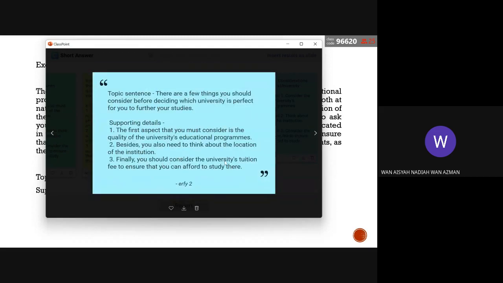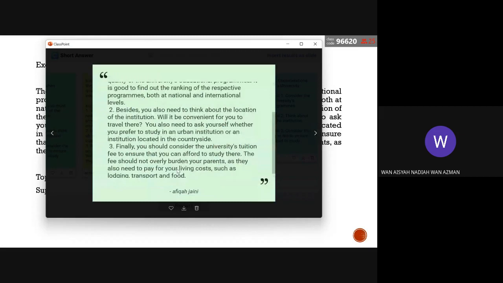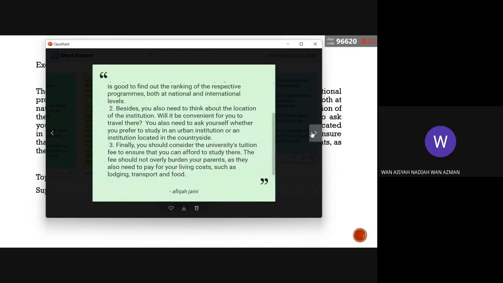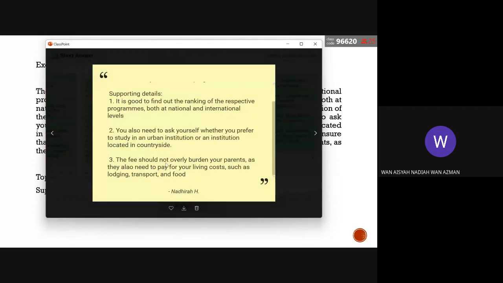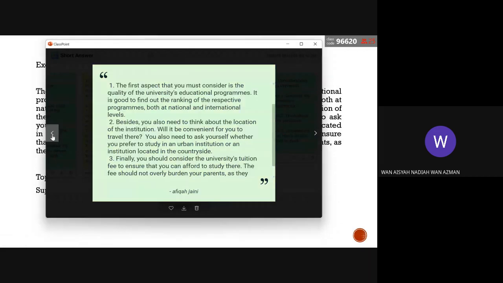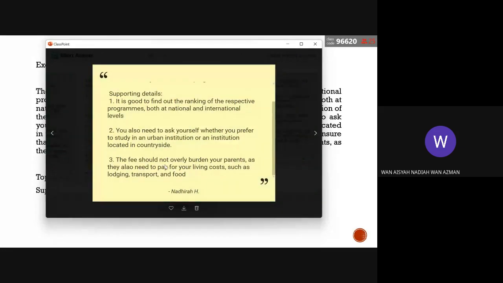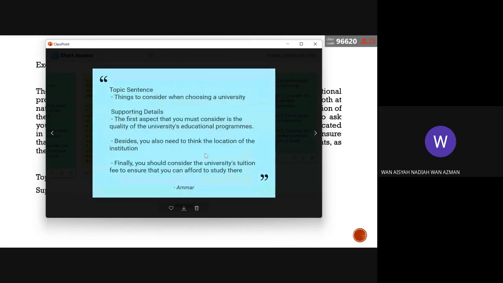Okay, Nadira, keep in mind, you have to start with this as your main supporting detail. So this is the elaboration of that supporting detail. It is not the main supporting detail.